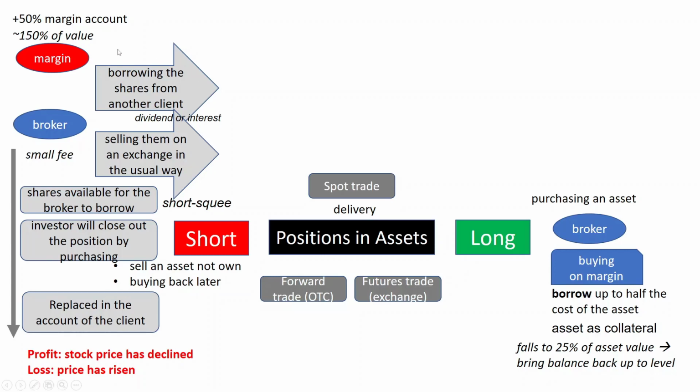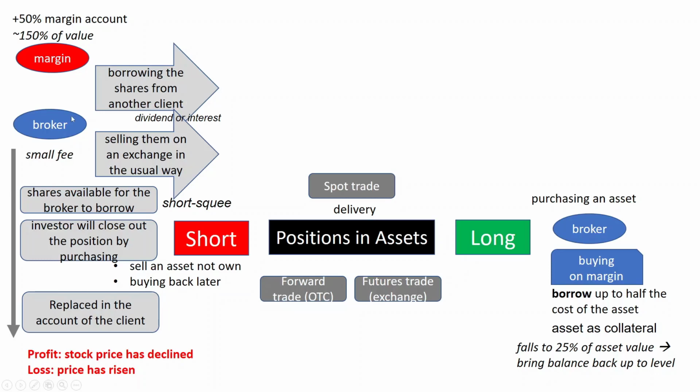Which is a nice thing. Just the problem is that you need a lot of leveraged positions here, because first of all, you need a broker, because you have to borrow the shares from another client.